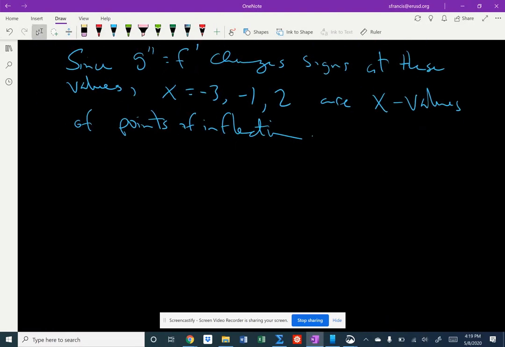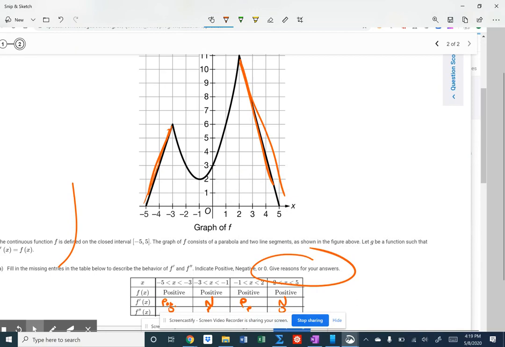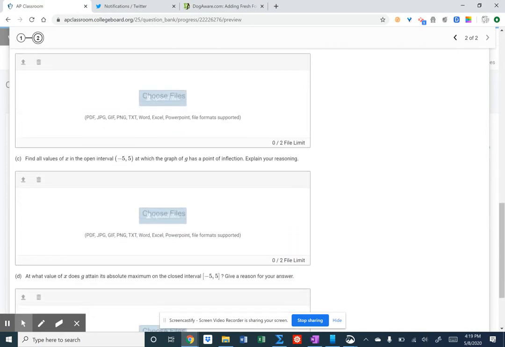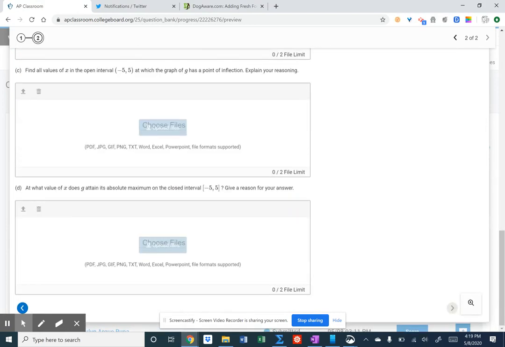And then part D says, at what value of x does g attain its absolute maximum on the closed interval [-5, 5]? Some of you are still giving me reasons for the local extrema, not the absolute extrema.